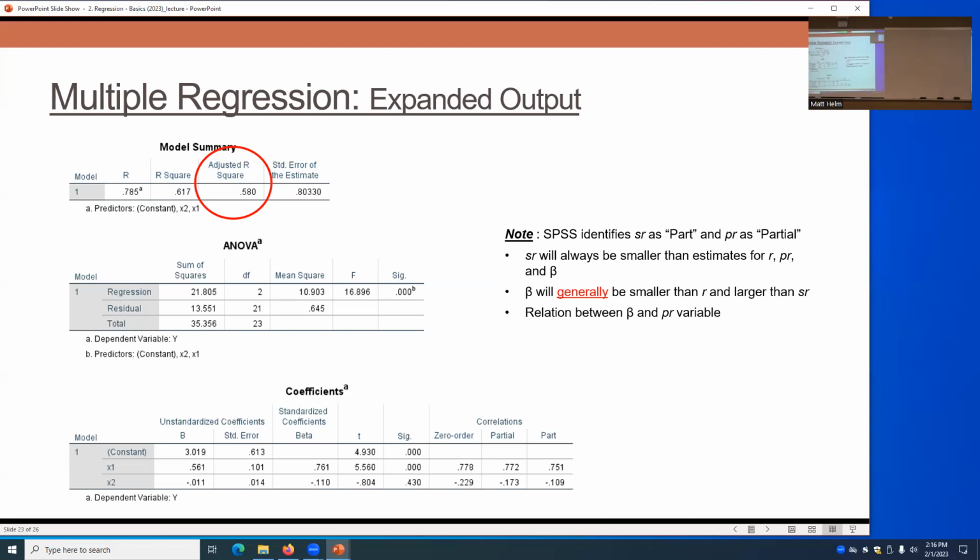Can someone tell me what this is a test of? This p-value and this F, what's this a test of? What's the null hypothesis being tested in that ANOVA table? Allison, do you remember? Anytime we have a hypothesis test, like almost always, what's the null hypothesis testing? There's no relationship, or no... Yeah, there's some value equal to 0, probably.